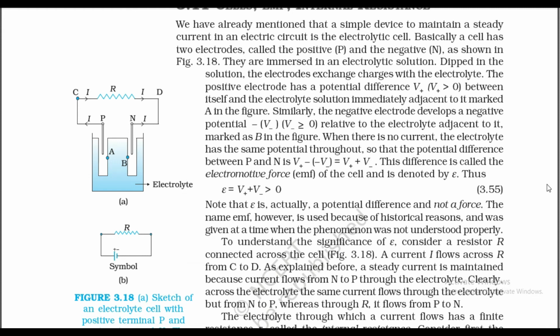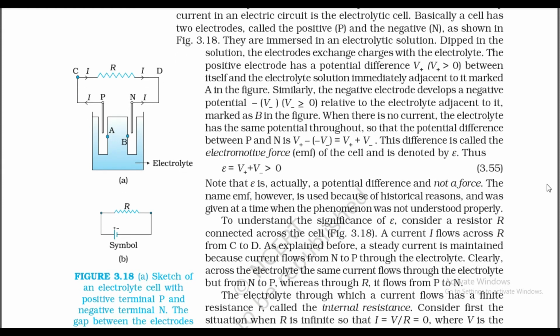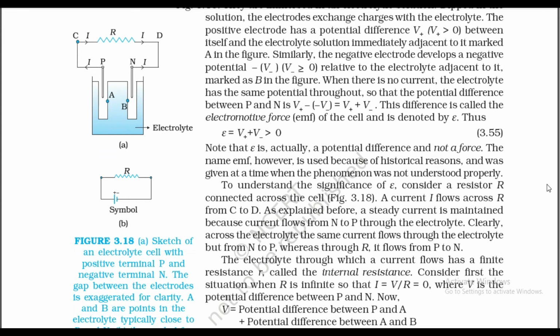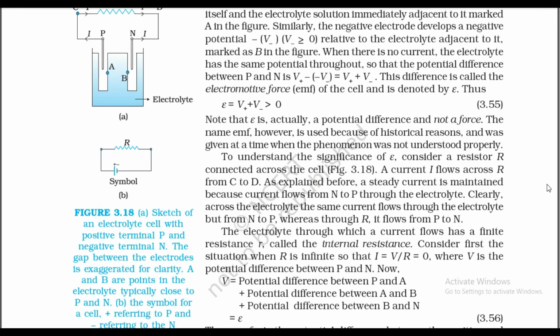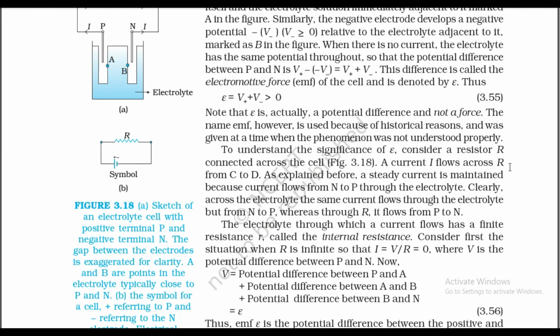This difference is called the electromotive force, EMF, of the cell and is denoted by epsilon. That is, epsilon is equal to V plus plus V minus, greater than 0. Note that epsilon is actually a potential difference and not a force. The name EMF, however, is used because of historical reasons and was given at a time when the phenomenon was not understood properly.